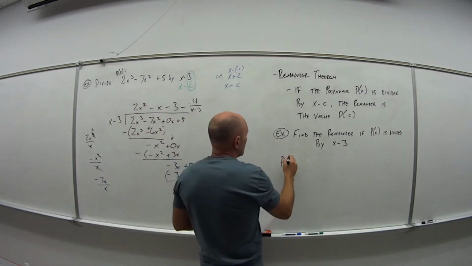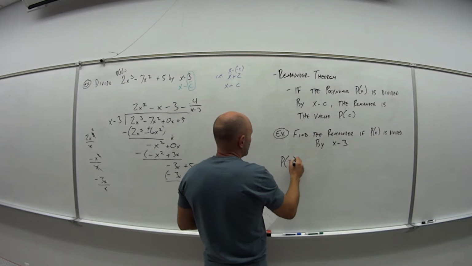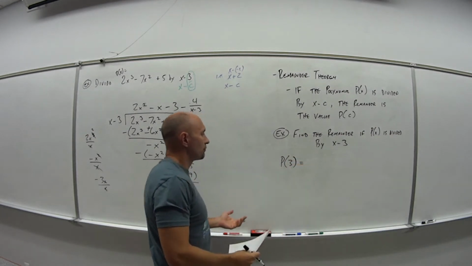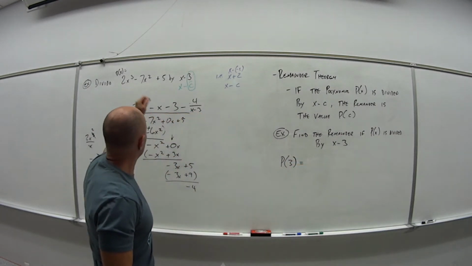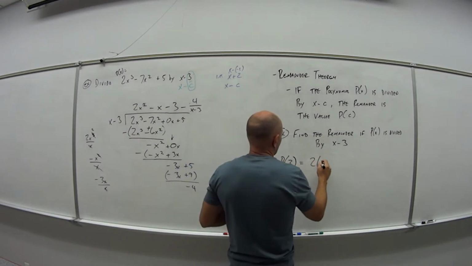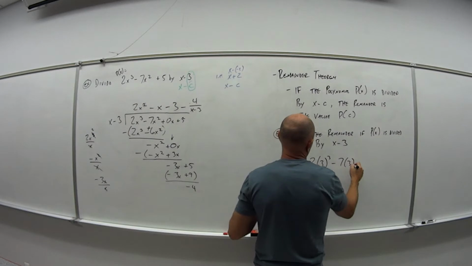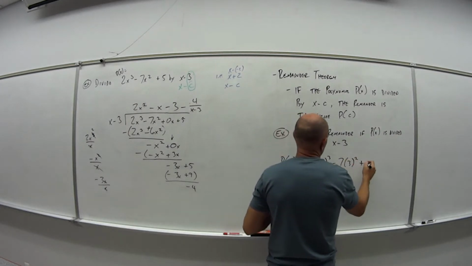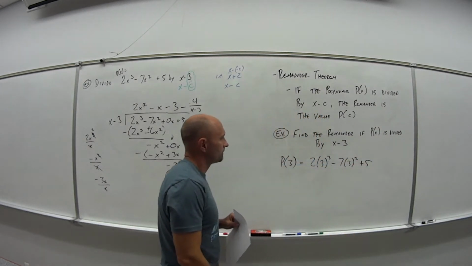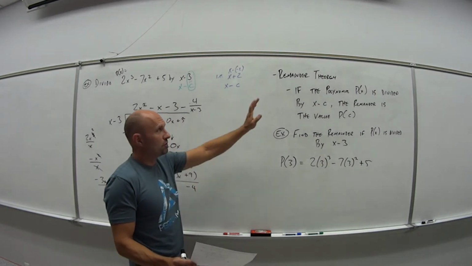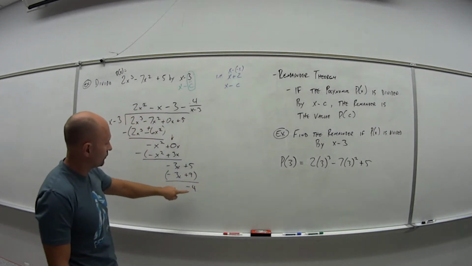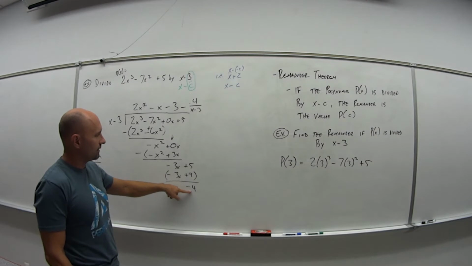So I just want to know the remainder by the remainder theorem should be p of 3. So if I plug that in, I get 2 times 3 to the third minus 7 times 3 squared plus 5. If this theorem really works, our remainder should be what? We should get negative 4 as an answer.